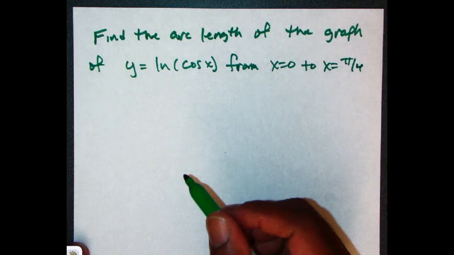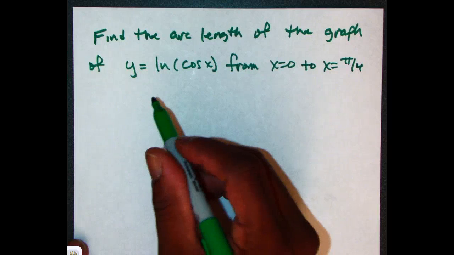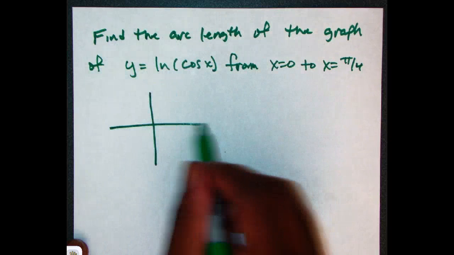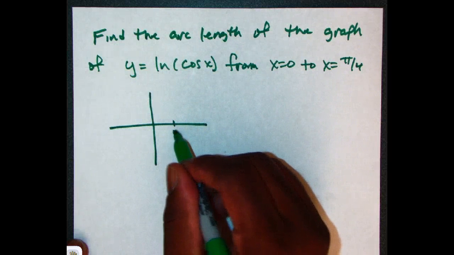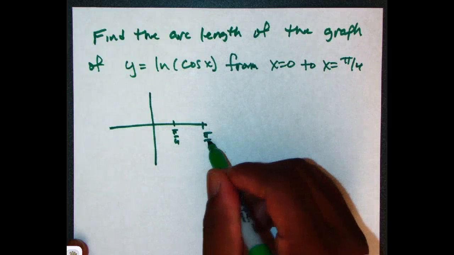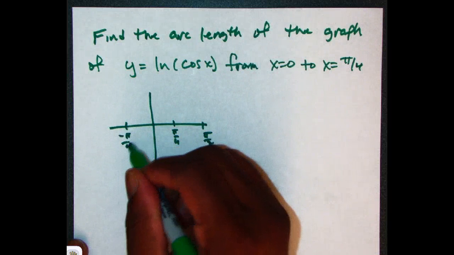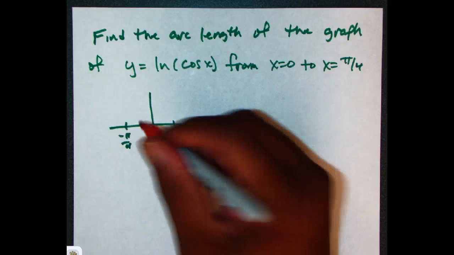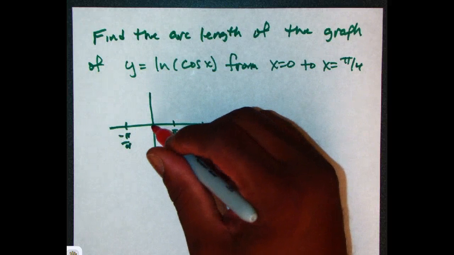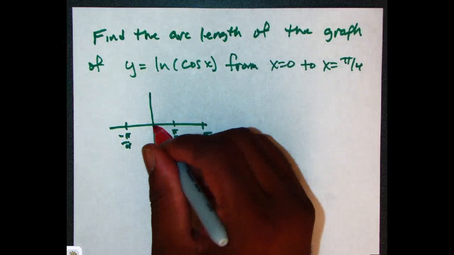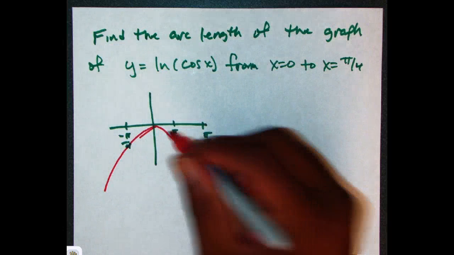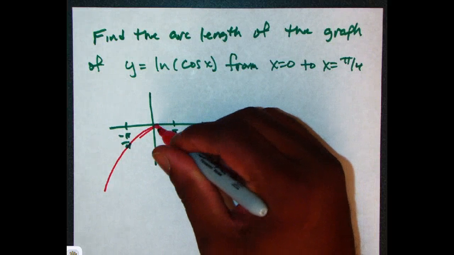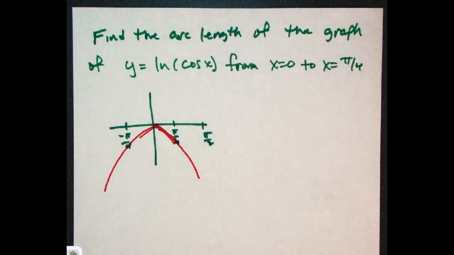Alright, so the graph looks a little something like this. But we want the length of the arc from here to here. So we want this length right there.